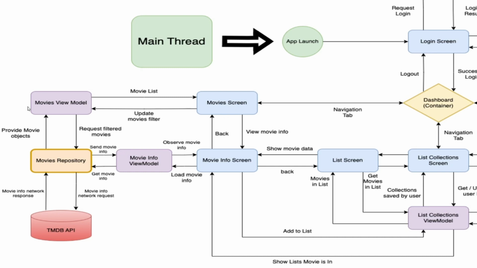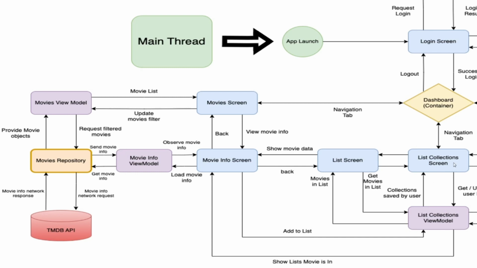So this interacts with the movies view model, which interacts with the movie repository, which interacts with the TMDB API, where we get all our movie info from. So when we want to look at the info of a specific movie, we can click those individual movie components, and it will show us the movie data, which we also get through the movie repository and the TMDB API with its own little view model.